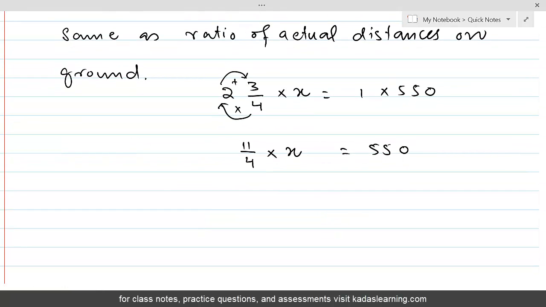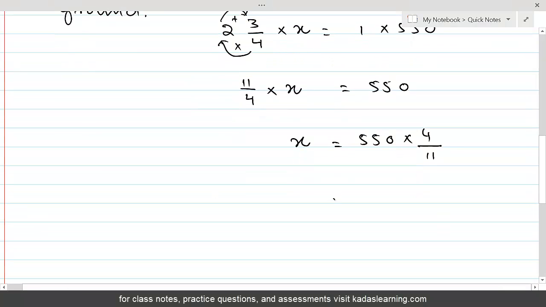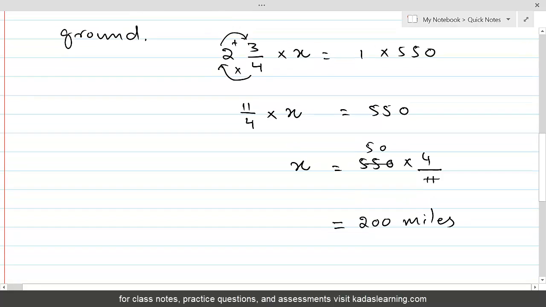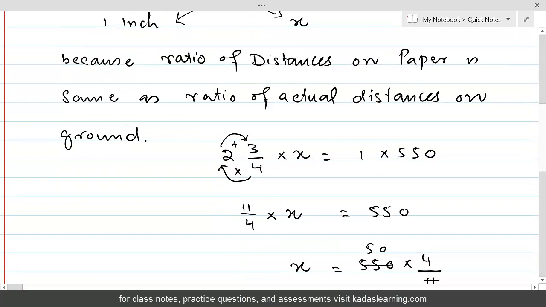And here x would be equal to 550 times 4 over 11. And this way, if we perform the multiplication and division, we can go 50 times, and then 50 times 4 will be equal to 200 miles, because if you see that x was under actual distances on the ground, which were expressed in miles.